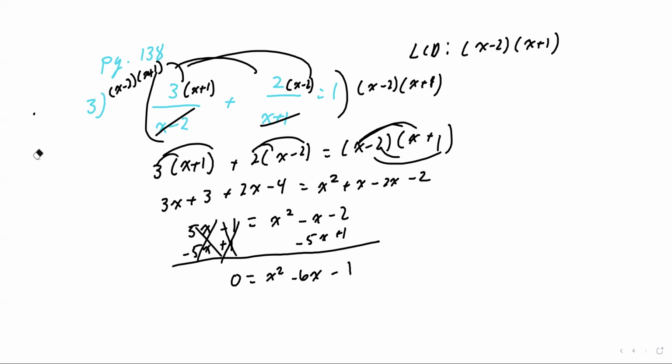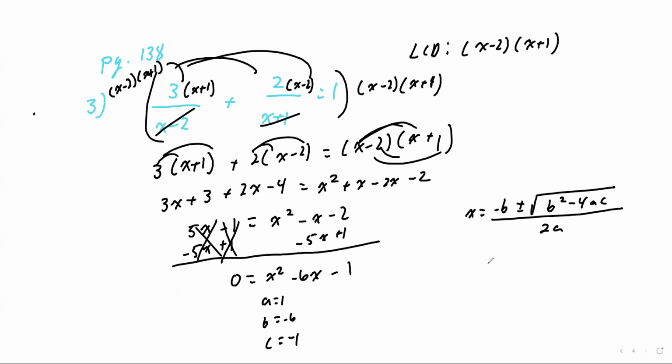So the quadratic formula will then come into play. That means my a is 1, b is -6, and c is -1. Recall that the quadratic formula is -b plus or minus the square root of b squared minus 4ac, all divided by 2a.